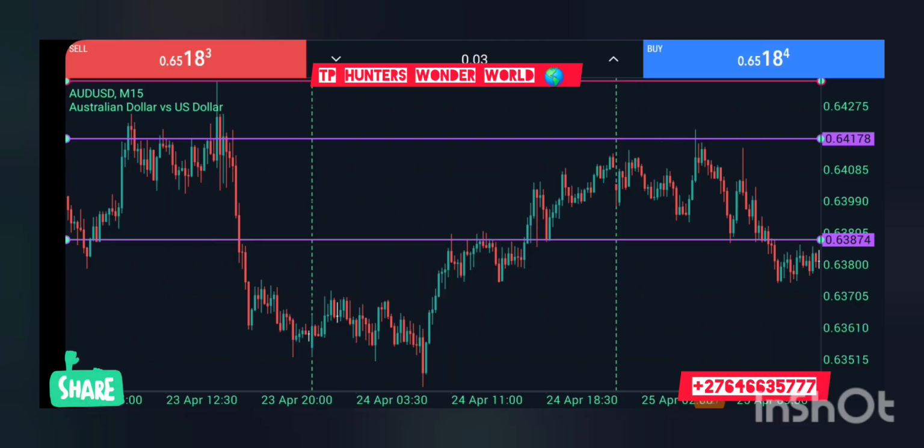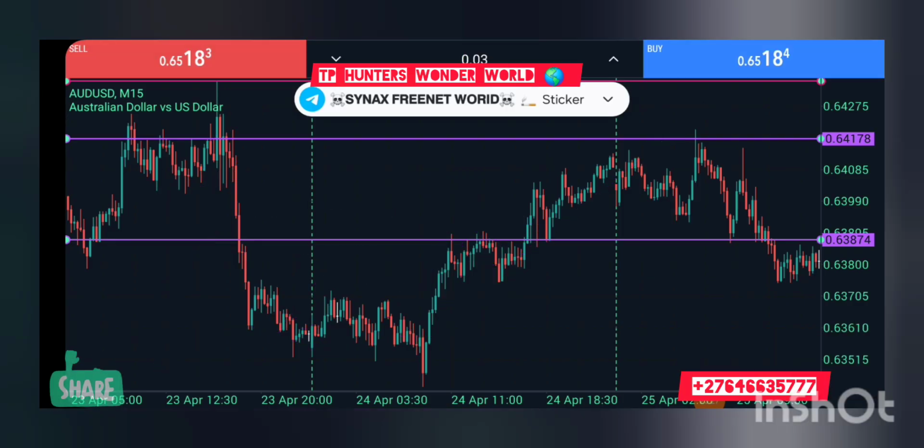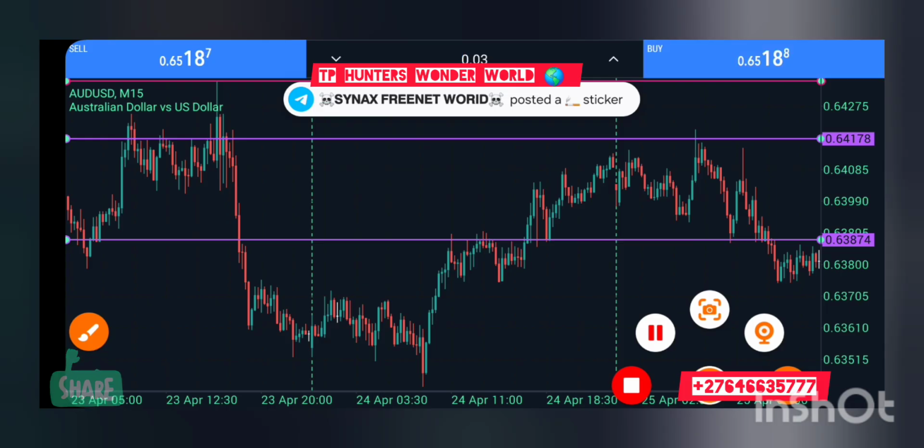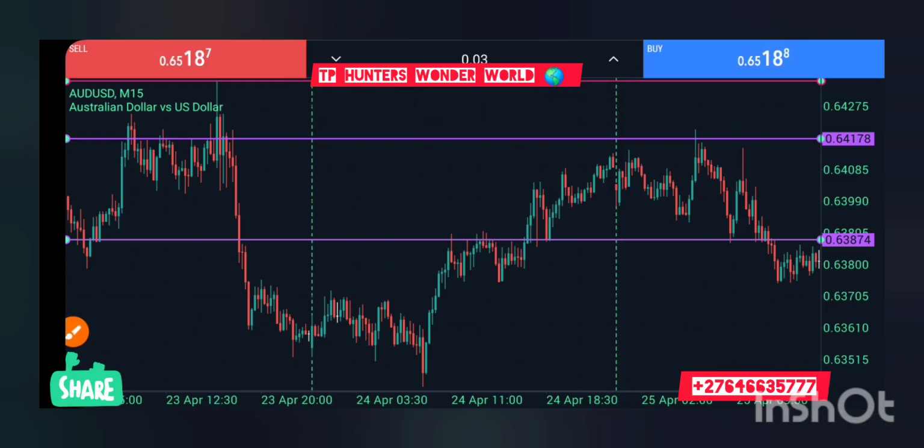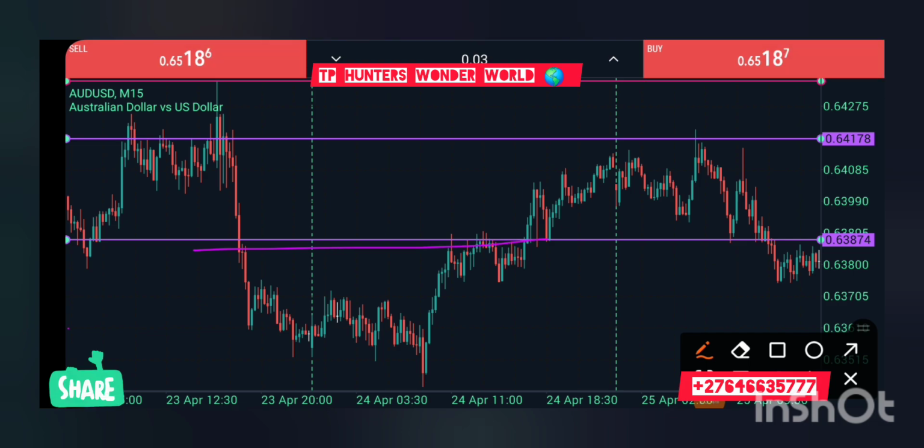Price will always fool you with the second breakout. Instead, they're going to retest its first breakout.